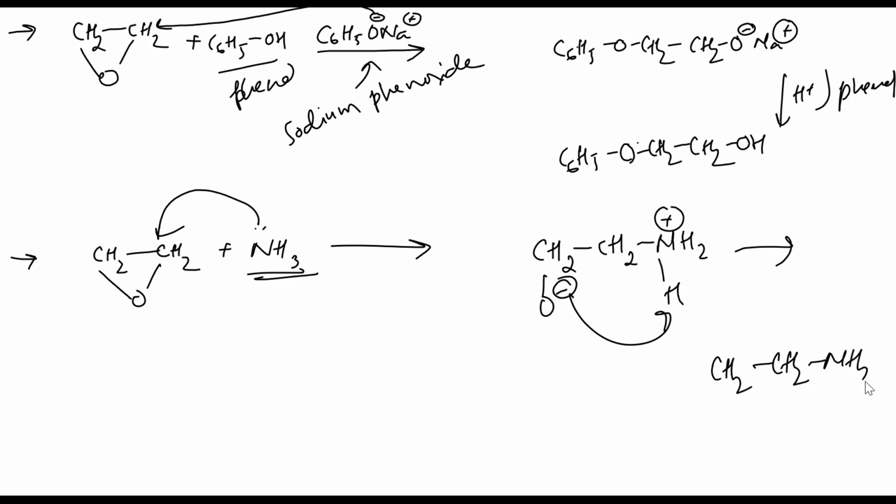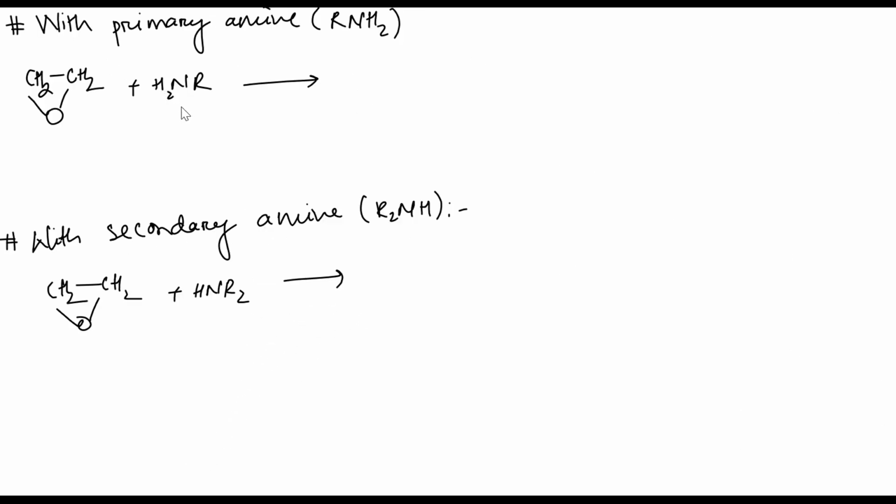Instead of ammonia, if we react with a primary amine or secondary amine, there will be formation of a product like CH2 with one alcoholic OH group on this CH2. There will be abstraction of one proton from oxygen, and there will be formation of NHR. This is the major product.